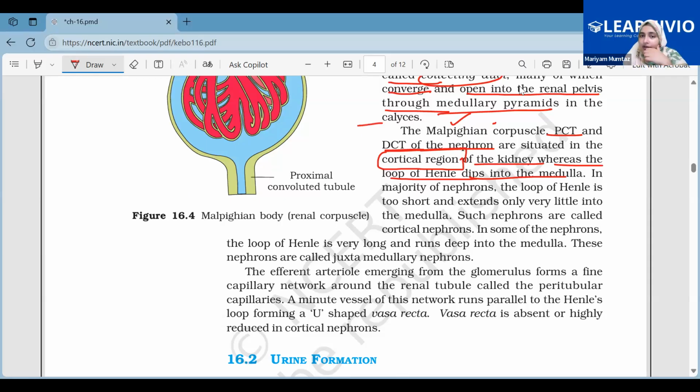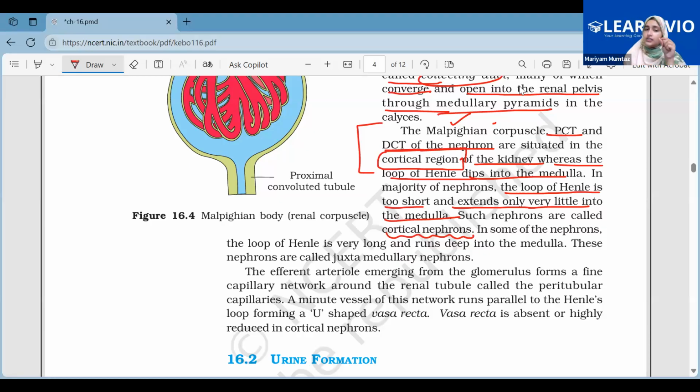But depending upon how much it dips into the medulla, the nephrons are of two types. In the majority of nephrons, the loop of Henle is short. It's not very long and it only dips a little bit into the medulla. You call those nephrons cortical nephrons, because they are mostly situated in the cortex region.